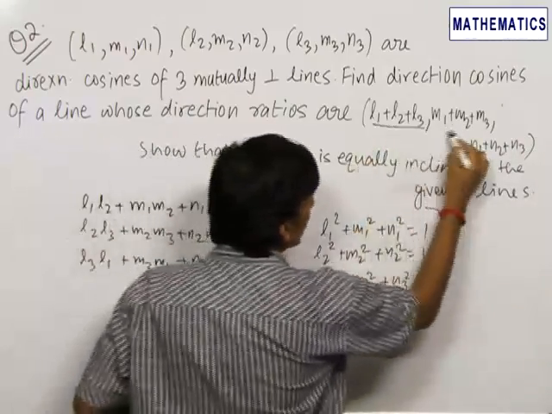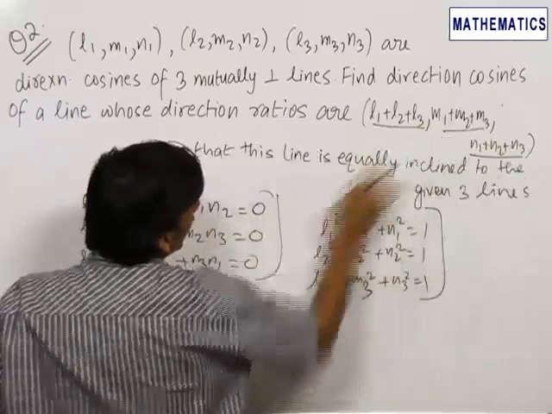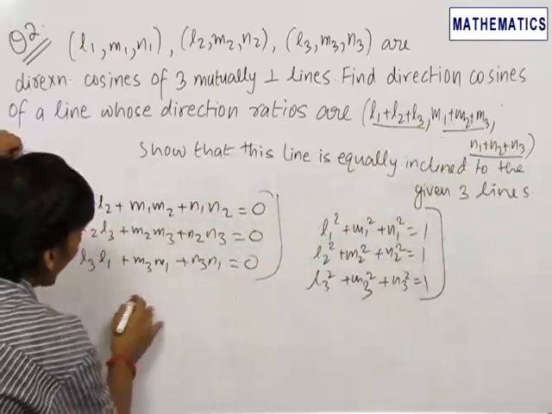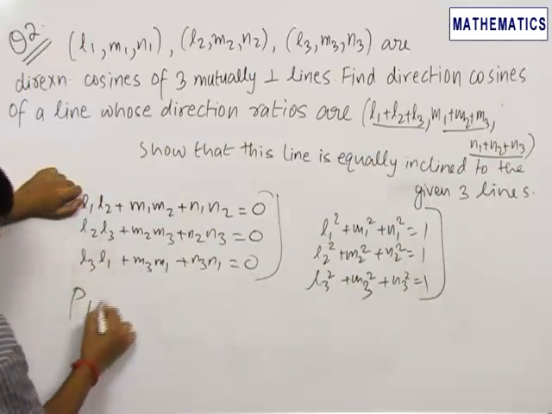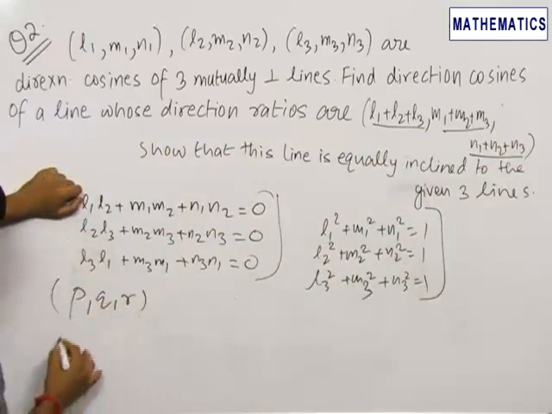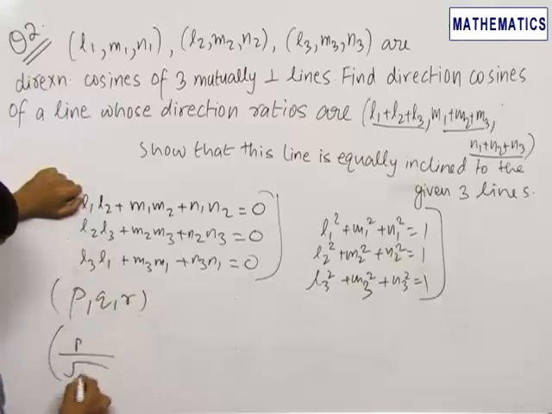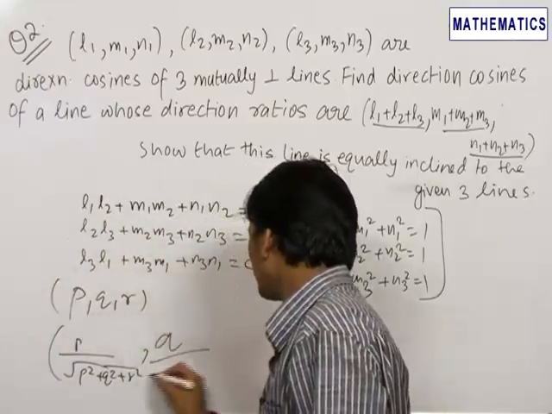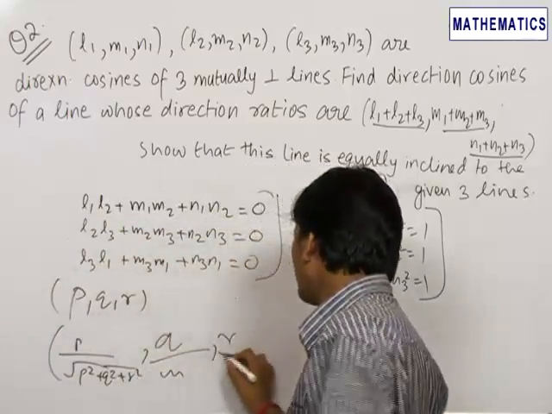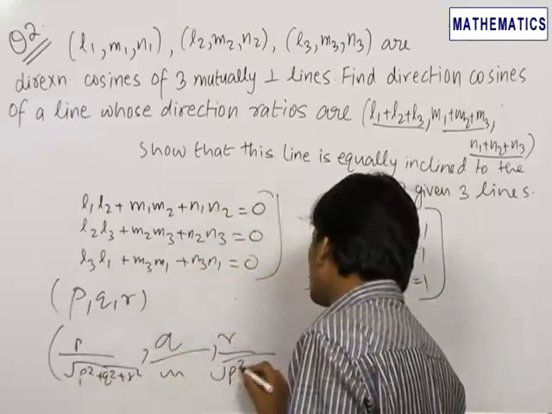The direction ratios of this line are given. We need to find the direction cosines. For finding the direction cosines of this fourth line, we know that for a line with direction ratios P, Q, R, the direction cosines are P upon root over P square plus Q square plus R square, comma Q upon the same quantity and R upon the same quantity, root over P square plus Q square plus R square.